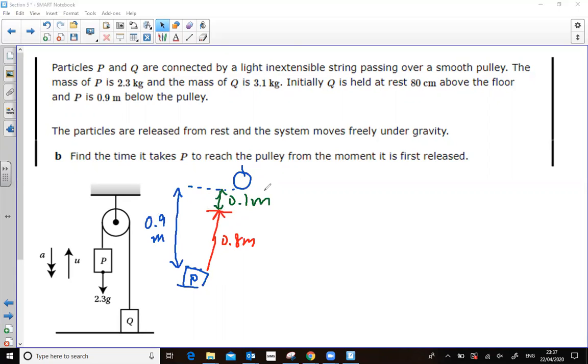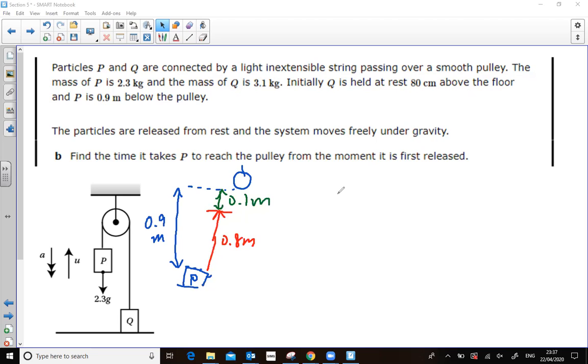Okay, so from the previous part, we have now worked out that by the time Q reached the ground, or in other words, by the time P traveled up 0.8 meter, the speed was 1.52.